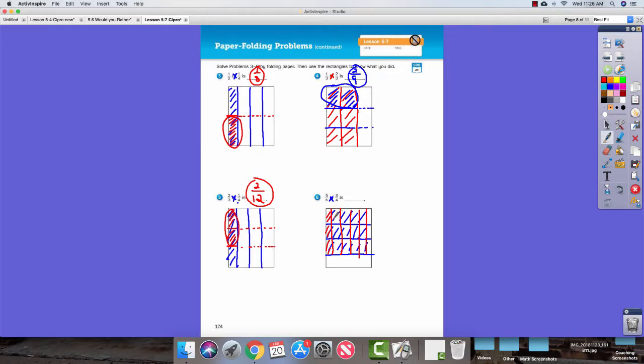So there's 1/6, 2/6, 3/6, 4/6, and 5/6. And I'm going to just extend these lines down to help me come up with the number of equal parts.